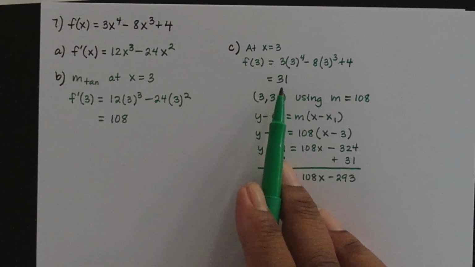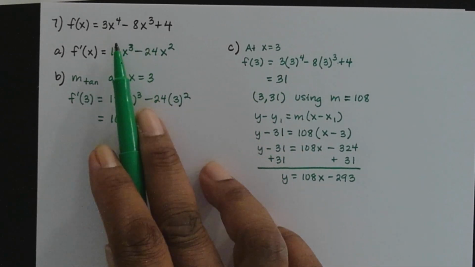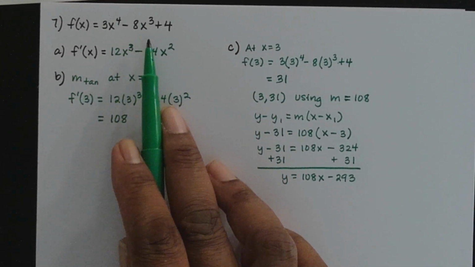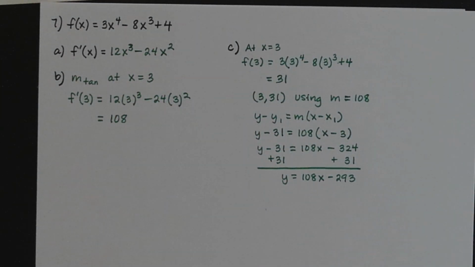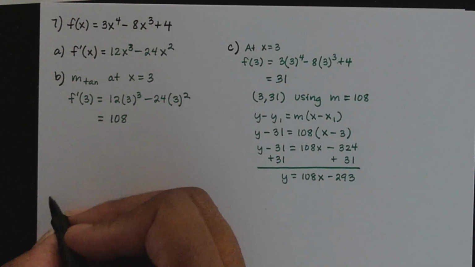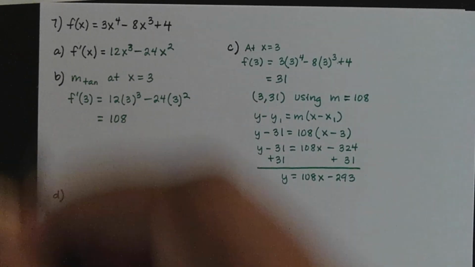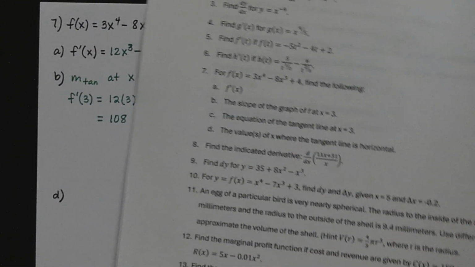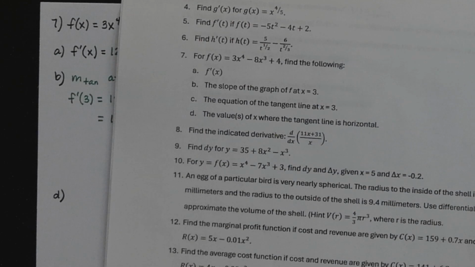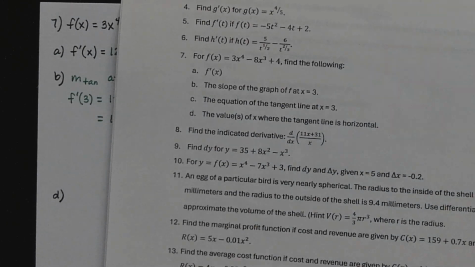Because you have to first find your y-coordinate by substituting your x in the original function, and then use the slope of the tangent line with that ordered pair. Any questions about part C? And part D looks like this: the value of x where the tangent line is horizontal.